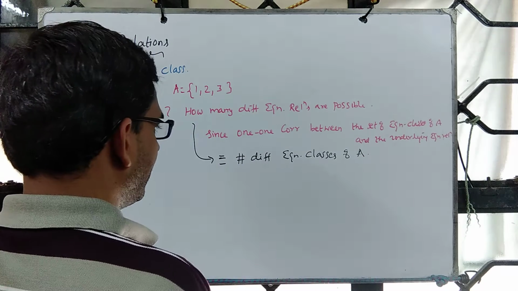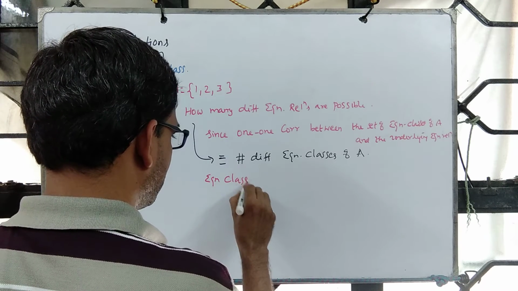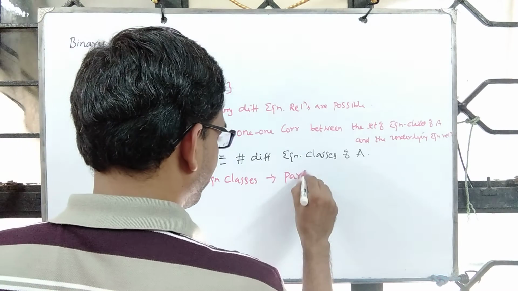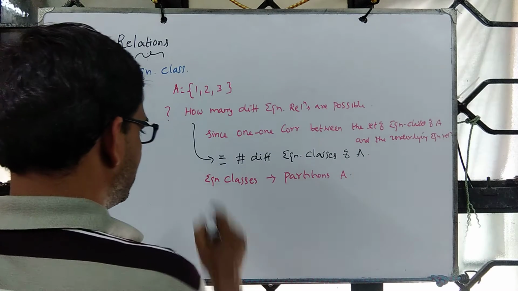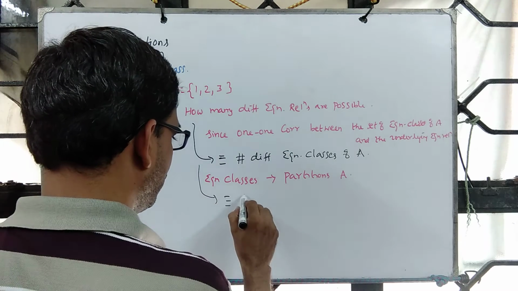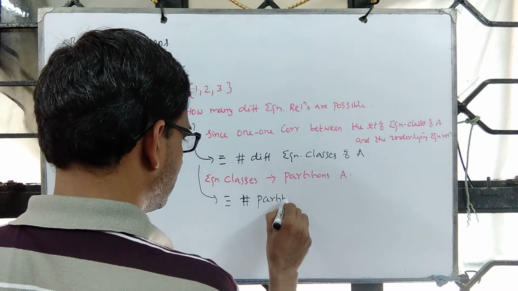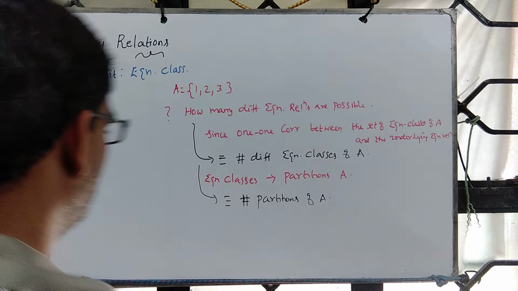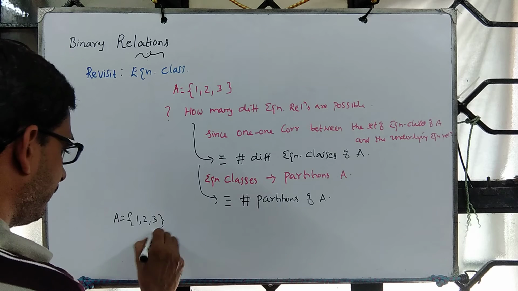We also observe that equivalence classes partition the underlying set, which means counting this is equivalent to this, and in turn this is equivalent to the number of partitions of A. So you look at A, which is {1, 2, 3}.